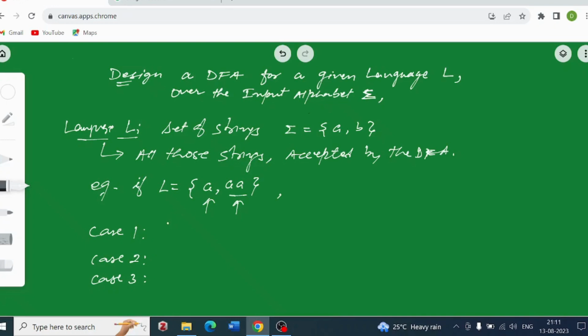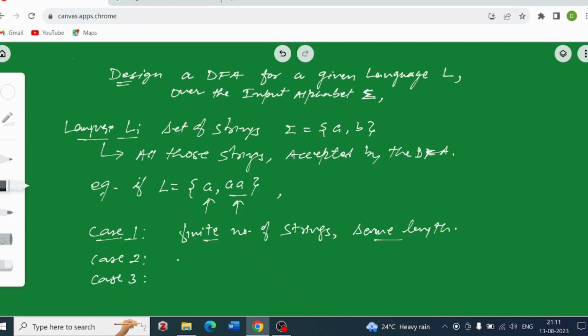In case number 1, the language L contains a finite number of strings and all strings are of the same length. So in case number 1, the language of the DFA will contain a finite number of strings and all strings are of the same length.